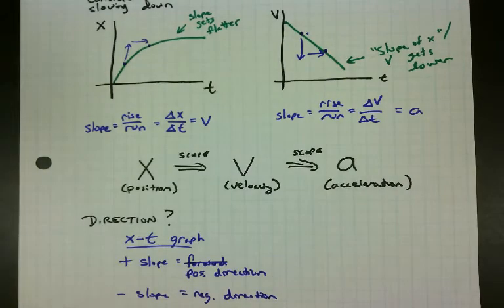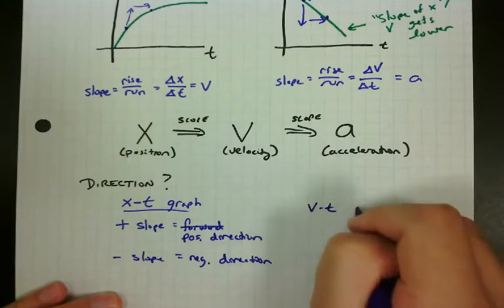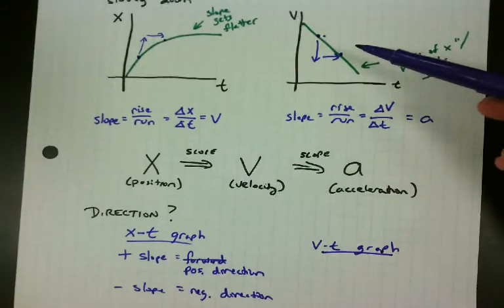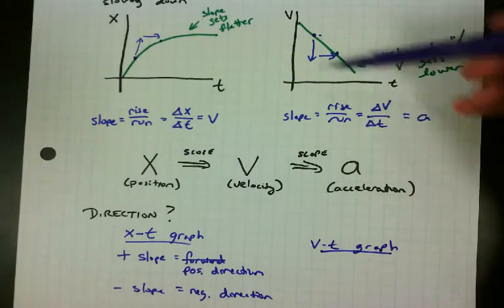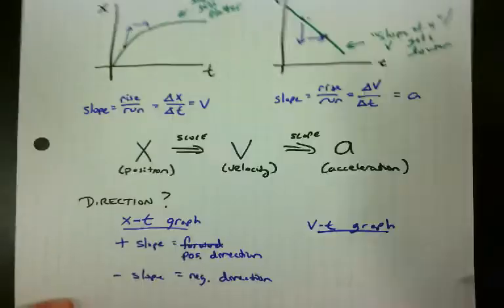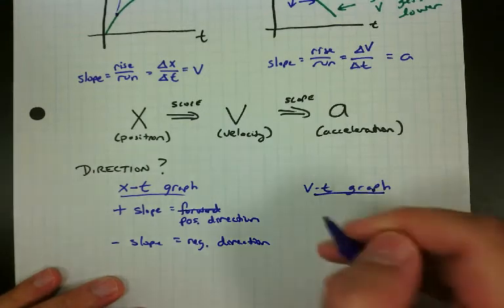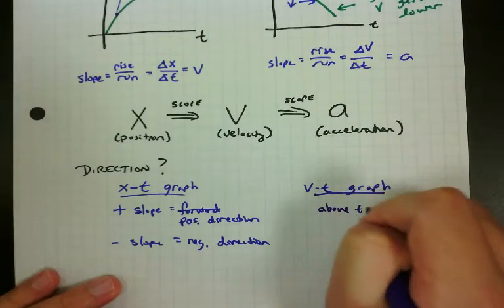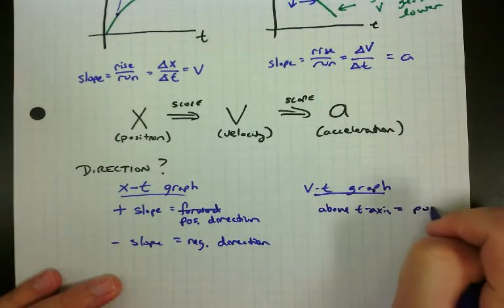Well, think about how would this velocity time graph tell me direction? Well, how do I know that this thing is going forward? I know this thing is going forward because it's positive, right? It's actually above the t-axis, right? So the way that I usually think about this is on a velocity time graph, if you're above the t-axis, that's going to mean you're going in the positive direction.